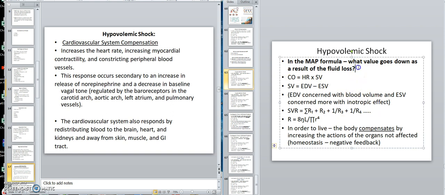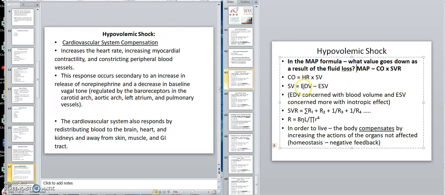Obviously, something has to go down. MAP equals CO times SVR. That's the MAP formula again. So if we're dealing with hypovolemic shock, what goes down? Something must go down to drop this.